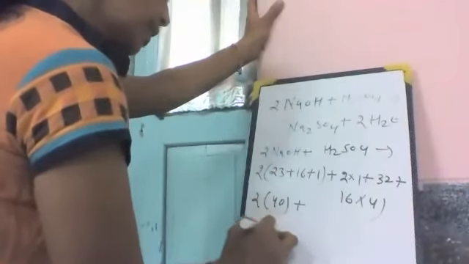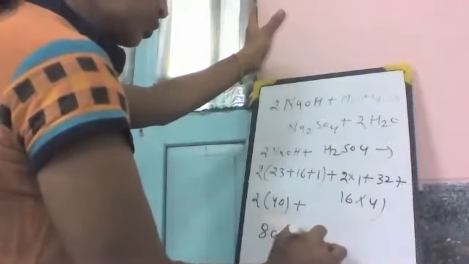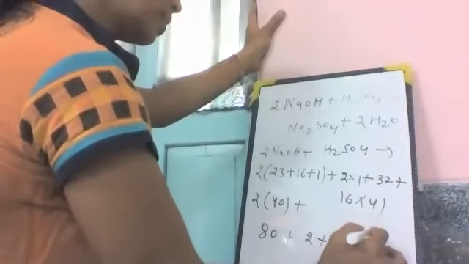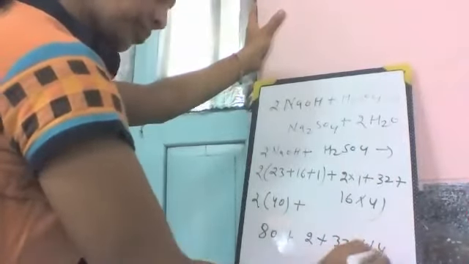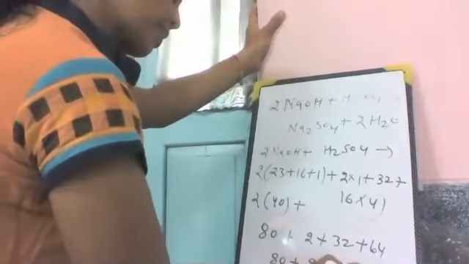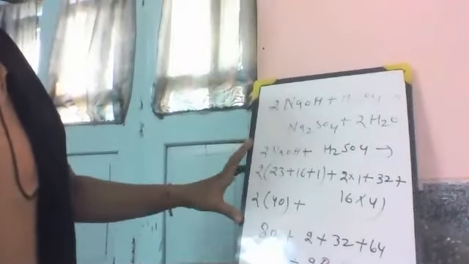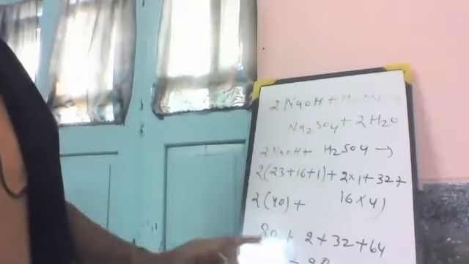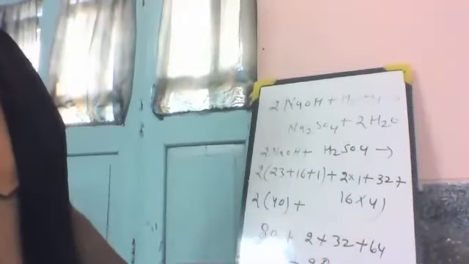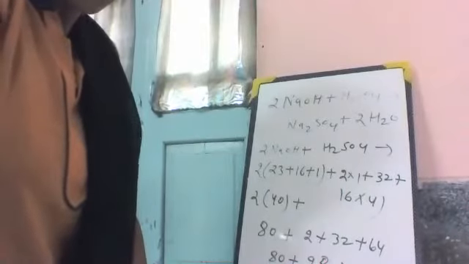It means 80 parts of sodium hydroxide react with 2 plus 32 plus 64. See, this is the calculation of the reactant side. 178 parts of reactants react with each other and produce sodium sulfate and water.